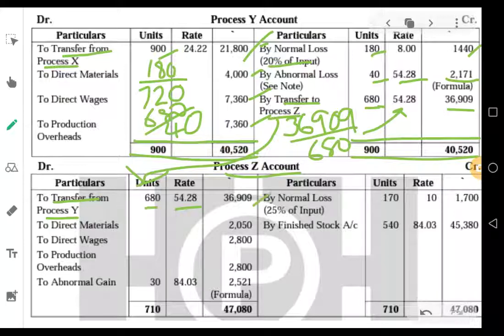The amount is 36,909. That's the first item, coming from process Y to process Z as input. After that, you write the other expenditures incurred in process Z as given in the question: direct materials 2,050, direct wages 2,800, production overheads 2,800. This information will be given to us in the question.